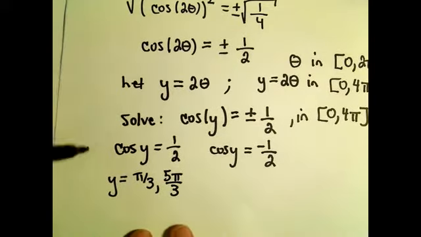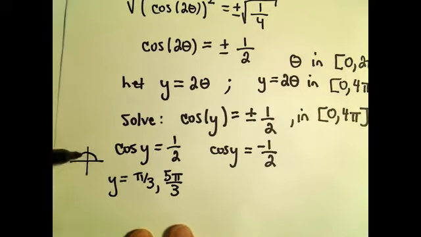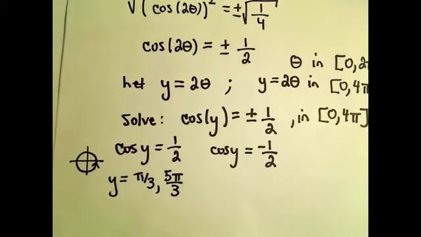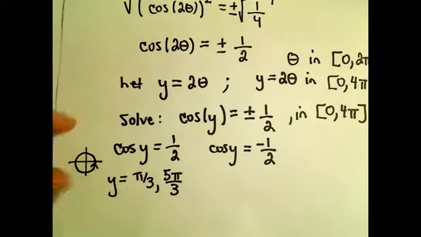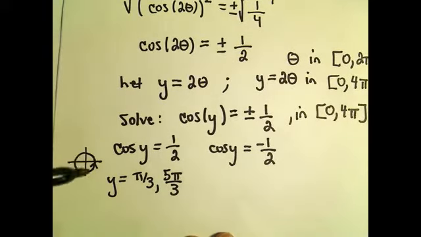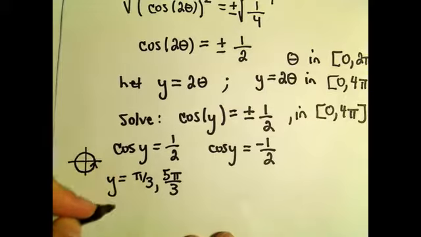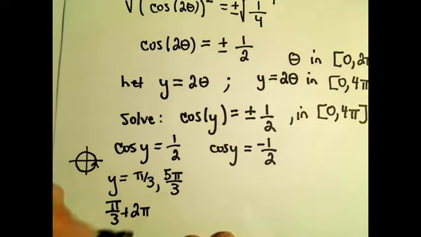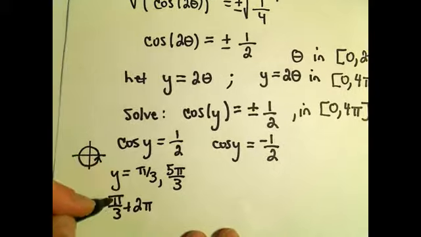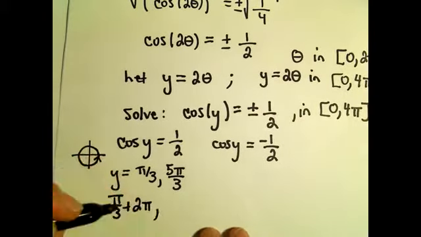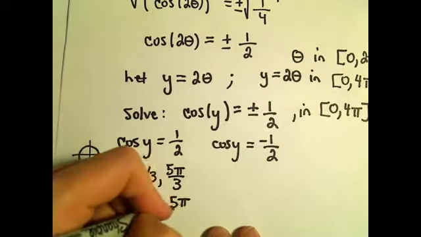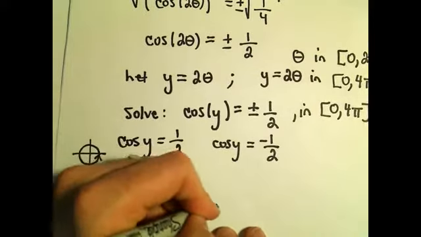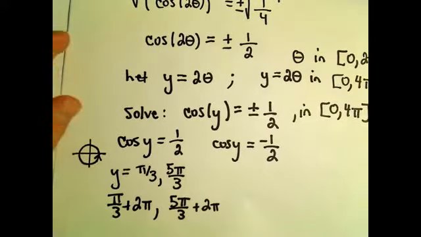But that would just be if we think about the interval 0 to 2 pi, where we've only gone around the unit circle once. Well, since it's 0 to 4 pi, we can make 2 trips around the circle. So what I can do to each one of these is simply add 2 pi to get another solution. So pi over 3 plus 2 pi would be another solution. 5 pi over 3 plus 2 pi would also be another solution.